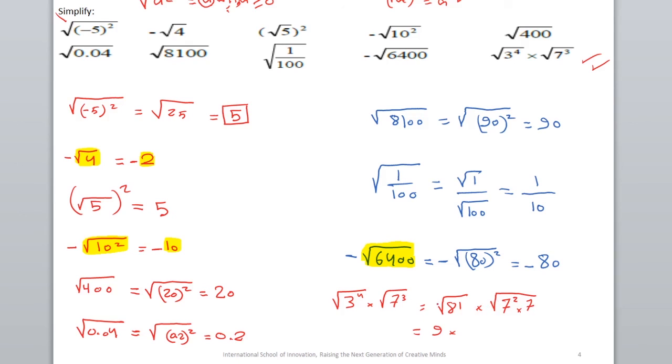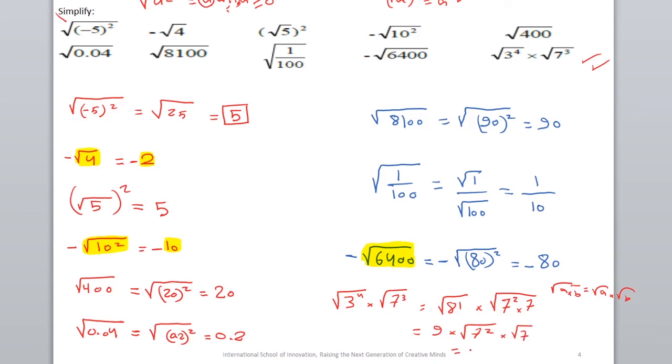It's the same here. So radical 81 I'll keep as 9, times radical 7 squared times 7. If you understood the last slide of the lesson well, you will know that radical 7 squared times 7 looks like radical a times b, which equals radical a times radical b. So it will be radical 7 squared times radical 7.